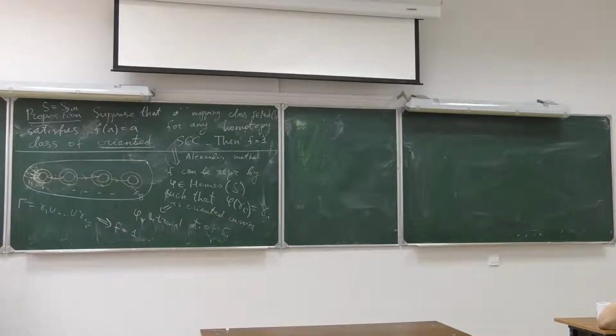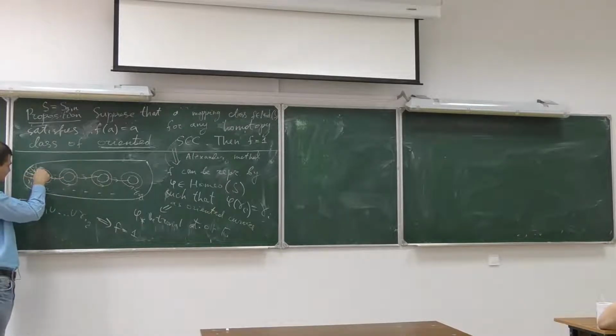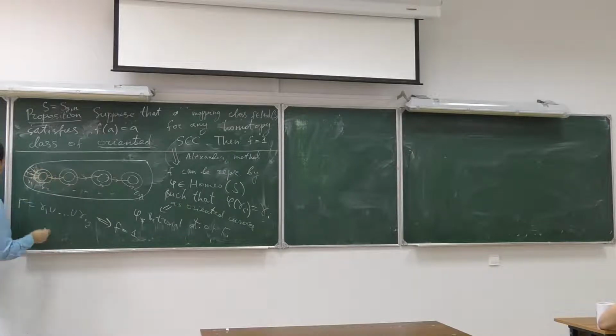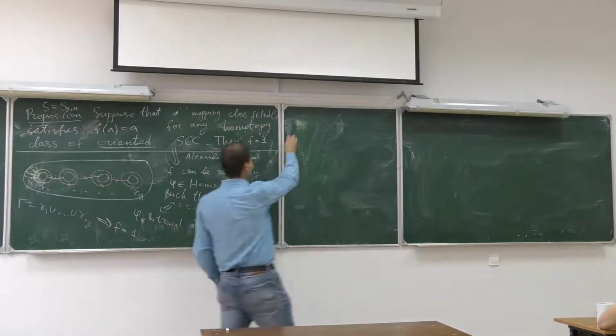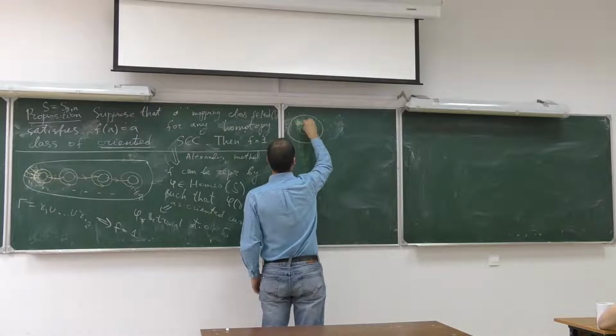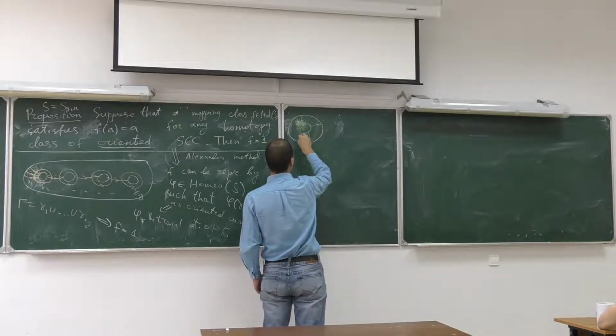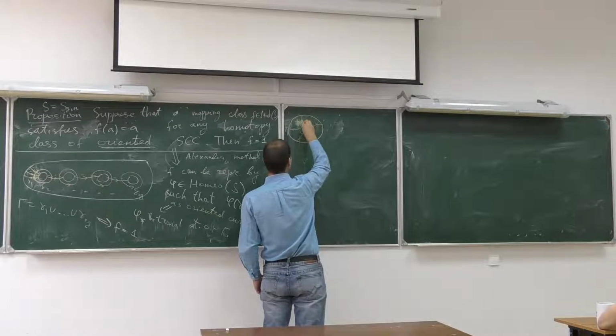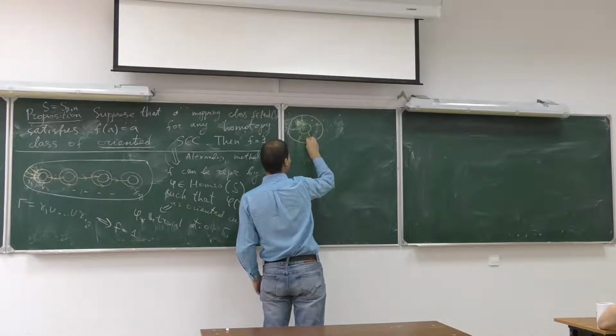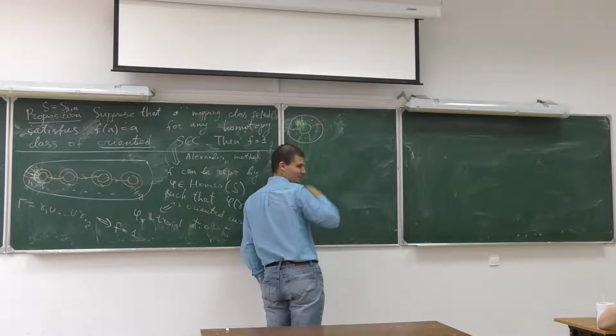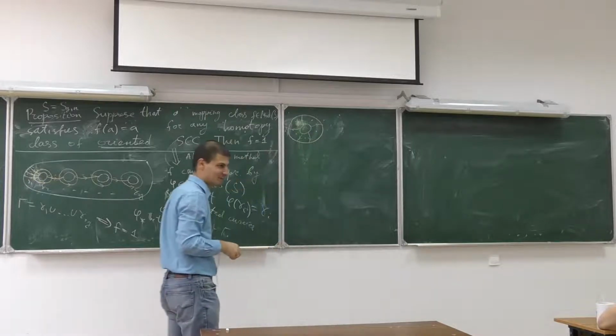There is one exception. If this is a torus, then we have only this gamma 1, and we should take not the number of punctures plus 1, but just the number of punctures.